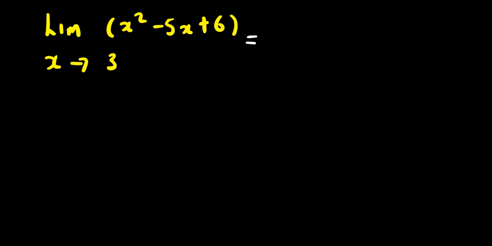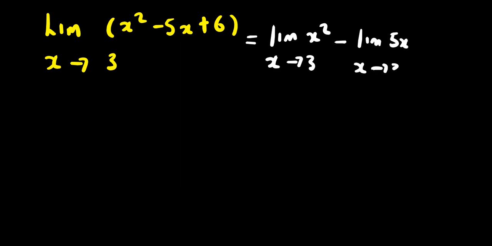You're going to say the limit of x squared as x is approaching 3, oh, this is a minus, so you're going to write your minus. Then you find the limit of 5x as x is approaching 3. Then we have a plus, so I'm going to put the plus here, plus the limit of 6 as x is approaching 3.